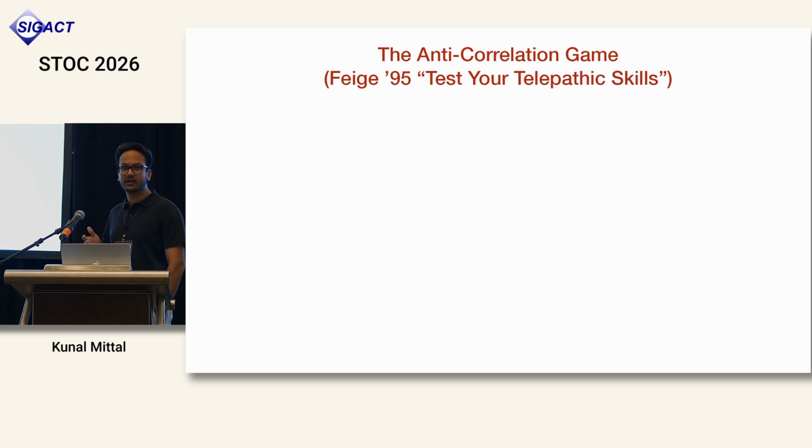This game was introduced by Feige in a blog post on his website, called Test Your Telepathic Skills. In this game, a group of three magicians are playing some game, and they're doing something which people think is telepathy, but actually what they're doing is just parallel repetition. So let me try to introduce what the game is.